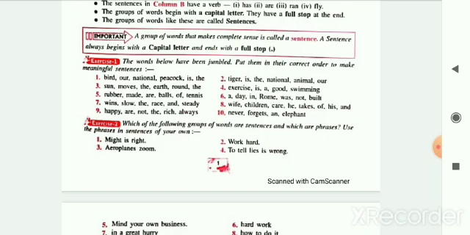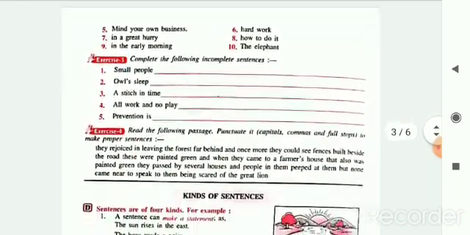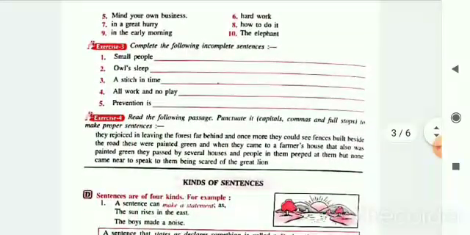Think and do. I don't think they are actually difficult. And like I told you, the easiest way to do it is a sentence always begins with a capital letter and ends with a full stop, and a phrase does not. So you can easily make out what is a sentence and what is a phrase.